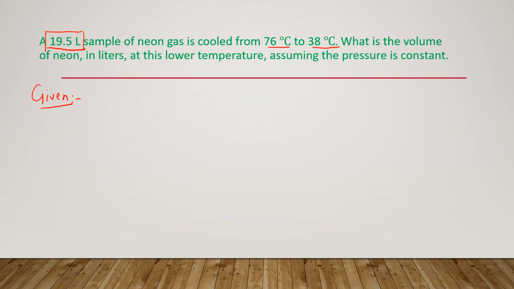That means the starting, or initial, temperature was 76 and the gas was cooled to 38, so the final temperature should be 38 degrees Celsius. So T initial is 76 degrees Celsius and T final is 38 degrees Celsius.